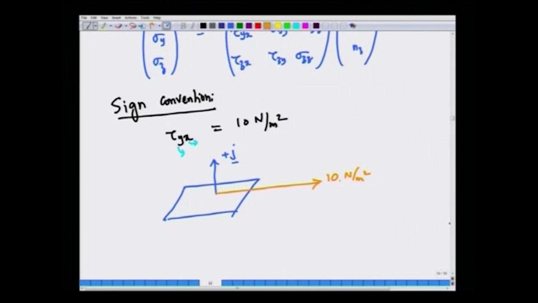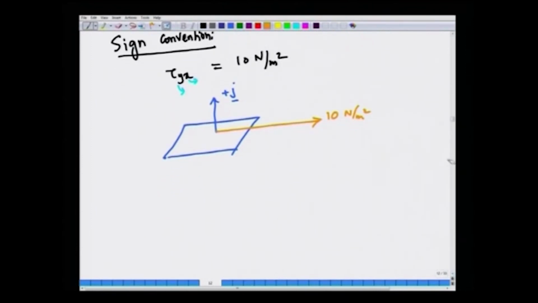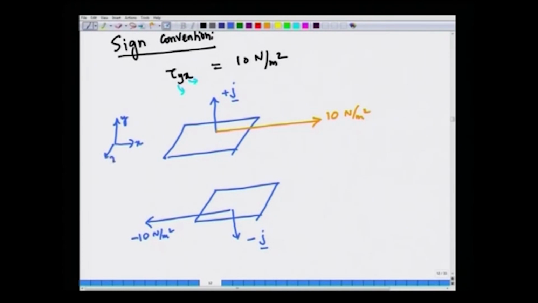Okay. Now, it also turns out that if I say tau y x is 10 Newton per meter squared, at the same point you can also construct a surface whose unit normal is in the minus j direction and the force is acting in the negative x direction. So, this is x, y and z.